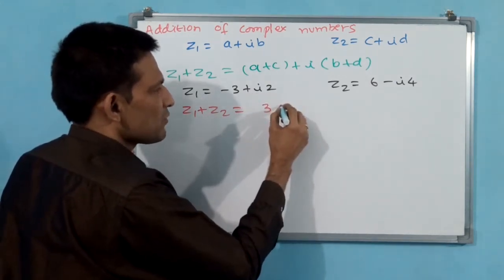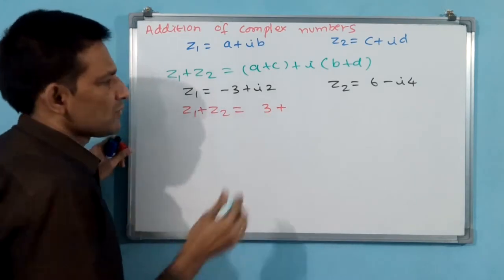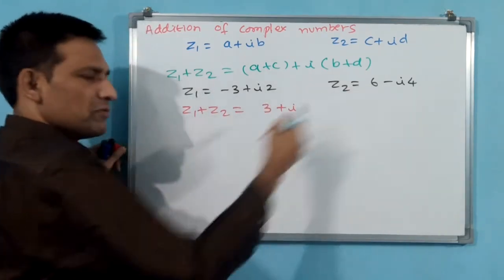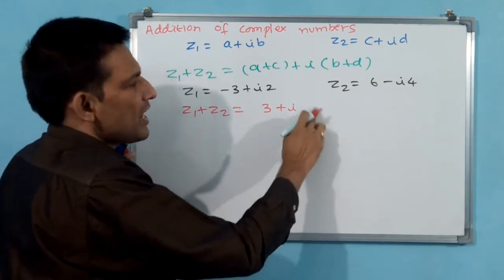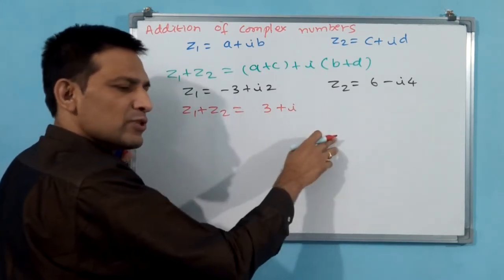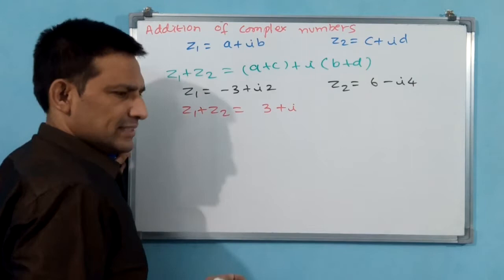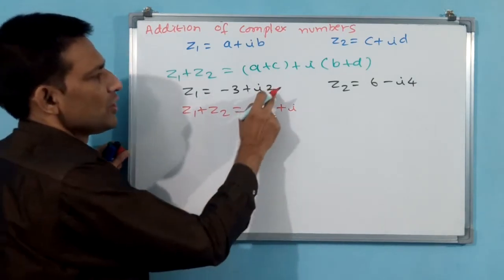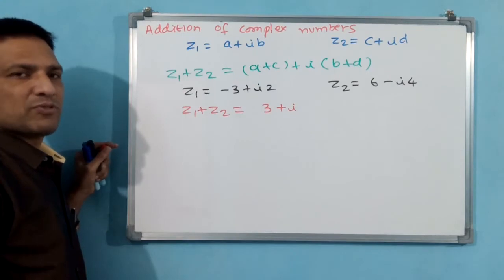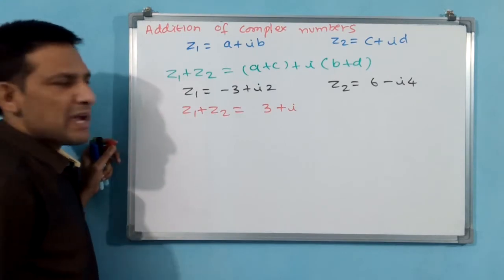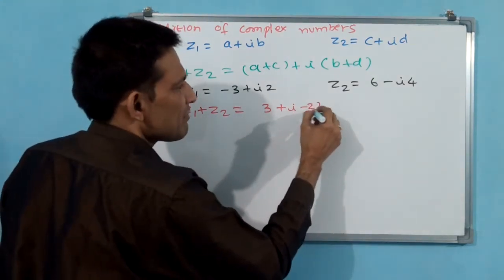First you put plus only, plus i only, then we will see. Because if a negative number comes, we are going to change it to negative; or else we first write negative and change afterwards. Both are the same. Now 2 plus minus 4, that means 2 minus 4, which is minus 2.